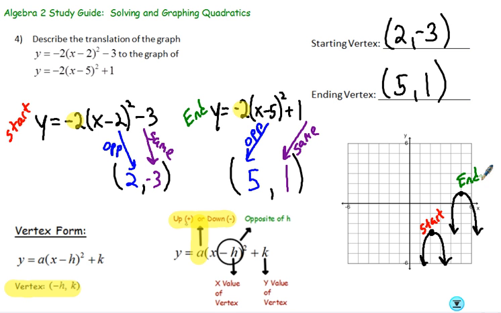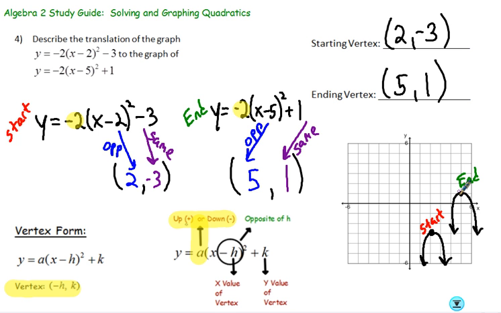And I guess what I mean by start and end is, I almost look at a graph like a street map. If this was your house and this was your buddy's house over here, and you wanted to get from your house to theirs, how many streets would you have to go up and how many streets would you have to go over? Well, if you take a look at this, you would have to go up 1, 2, 3, 4, and then right 1, 2, 3.